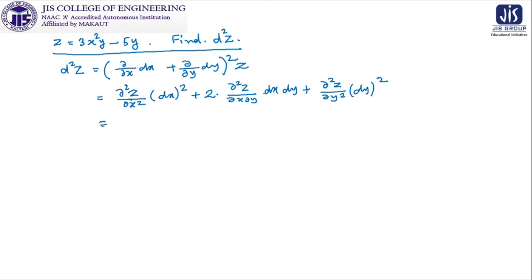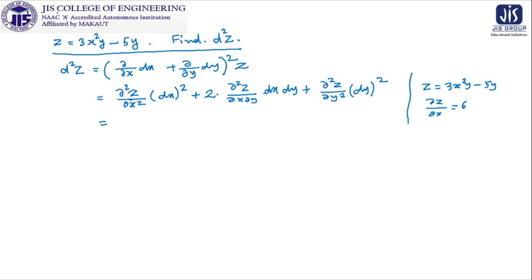So if I want to put the values of del 2 z del x2, we need this calculation, and z is already given to us as z is equal to 3x square y minus 5y. So del z del x will be what? We have to differentiate this partially with respect to x.